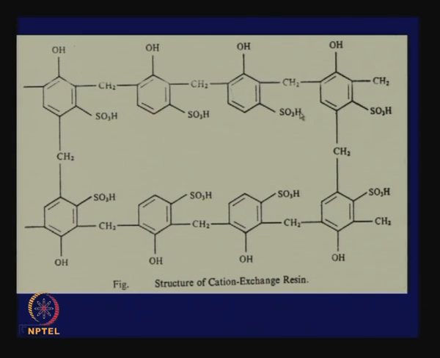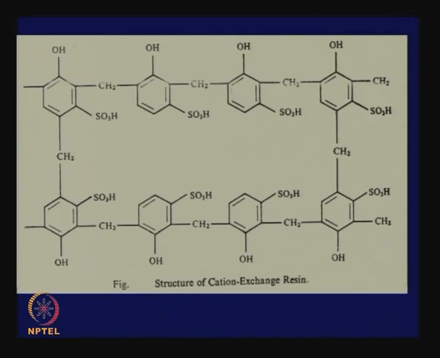Means H would be replaced by a metallic cation when a leach liquor containing that metallic value comes in contact with this resin. So, resin is a solid through which the leach liquor will go, leach liquor with metallic values, and the metallic ions would be preferentially absorbed by the resin at that site.